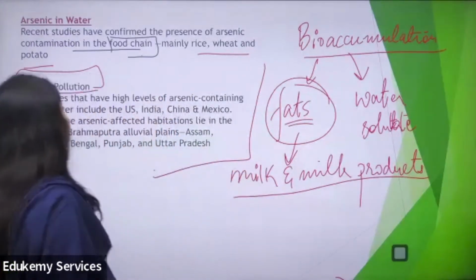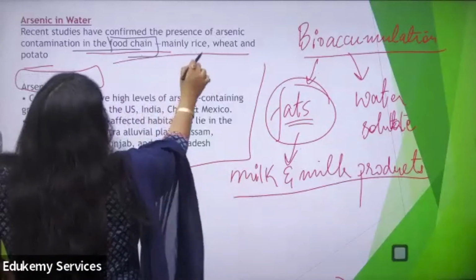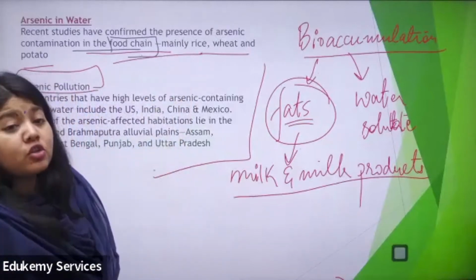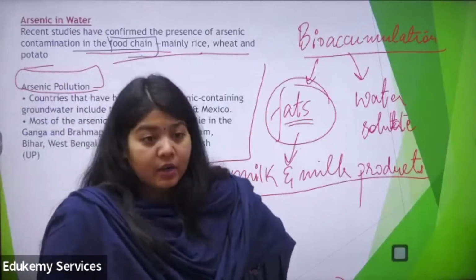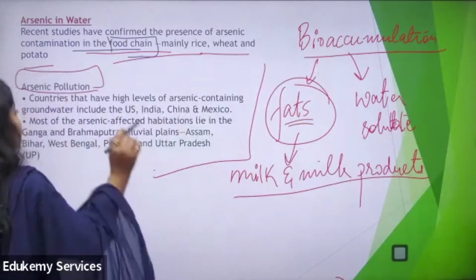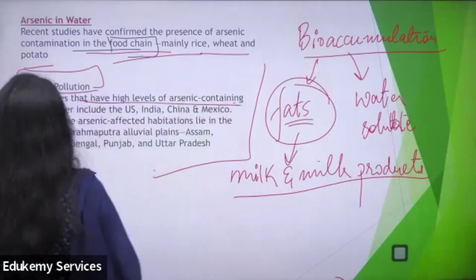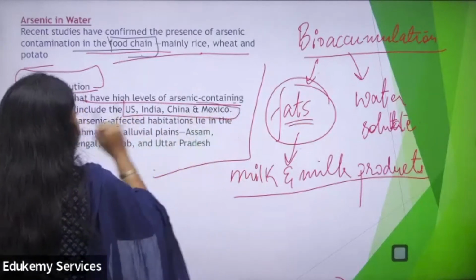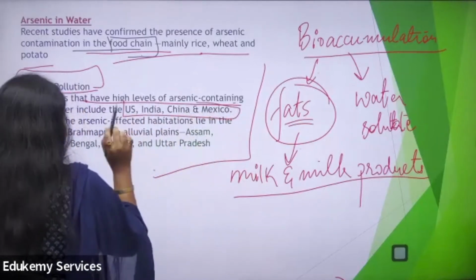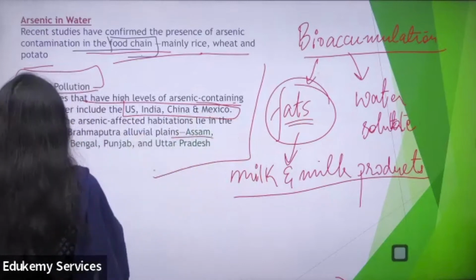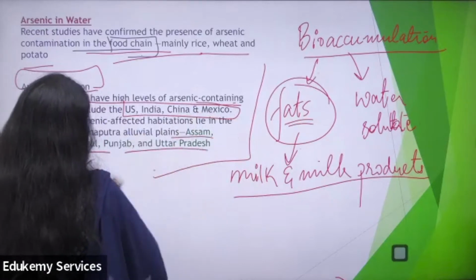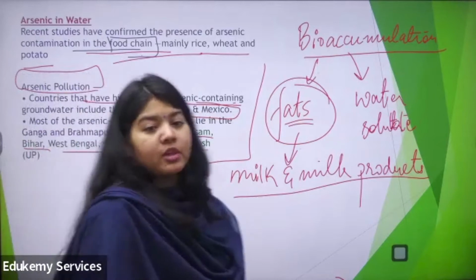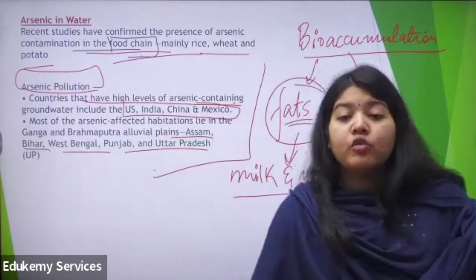So now it has been found that arsenic is a part of our food chain, especially through rice, wheat, and potato. The countries that have high levels of arsenic-containing groundwater include USA, India, China, and Mexico. In India, it is Assam, Bihar, West Bengal, Punjab, and Uttar Pradesh. These are the alluvial plains.